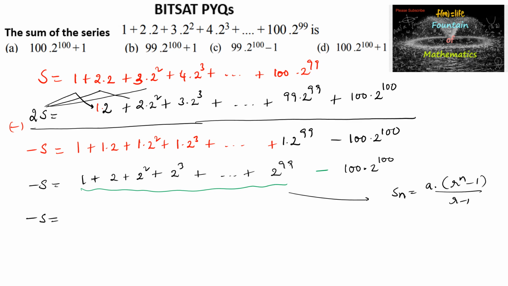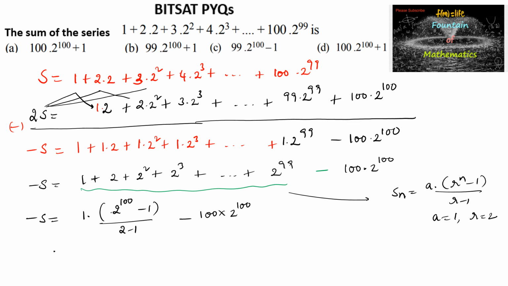So negative S is equal to, first term A is equal to 1 and R is equal to 2. So 1 into 2 power 100 minus 1 divided by 2 minus 1, minus 100 times 2 power 100.